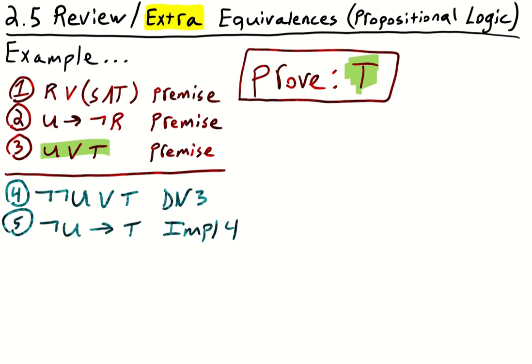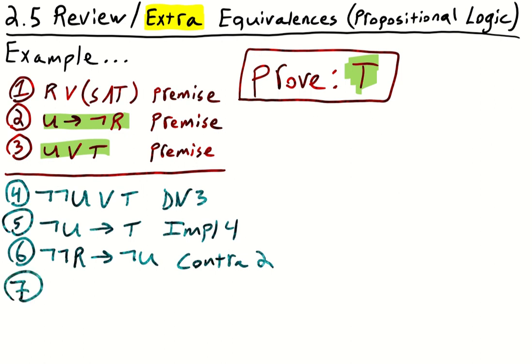And if you look really close, we could do a hypothetical syllogism. However, we would need to use contraposition on line 2. So for line 6, we can get if not R, then not U, contraposition line 2. Then we can do a double negation.